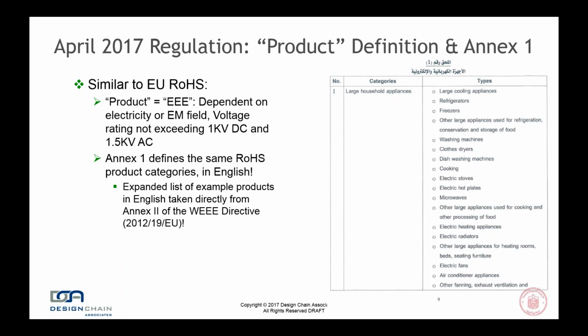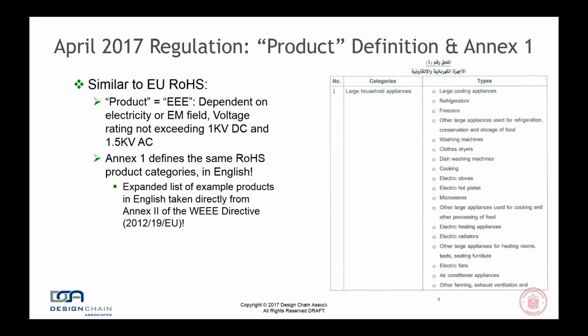Now, Annex 1, as I said, defines the same RoHS product categories in English, and as you can see from the example here, this was lifted right from the WEEE directive, this Annex 2 of the WEEE directive. They basically just copied and pasted it here, which is interesting. It says that not only are the categories in UAE RoHS the same as EU RoHS, but the examples are the same.